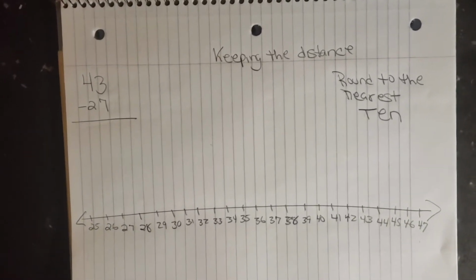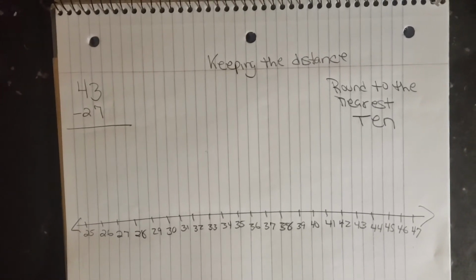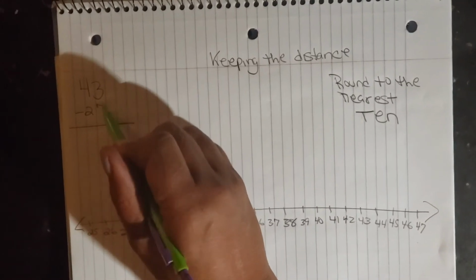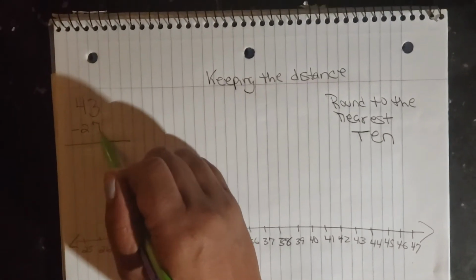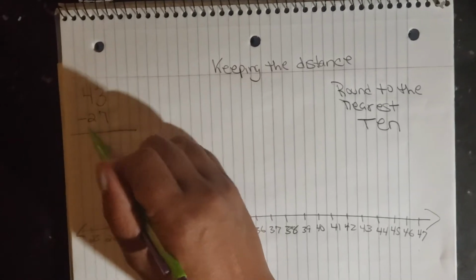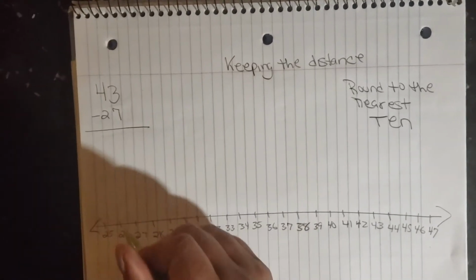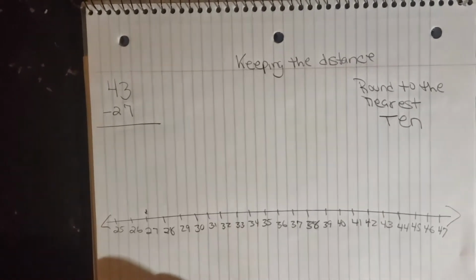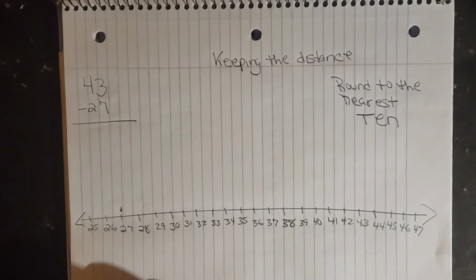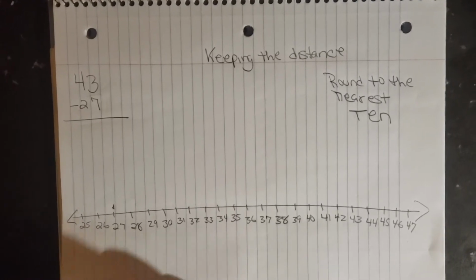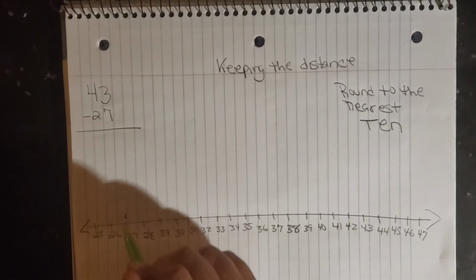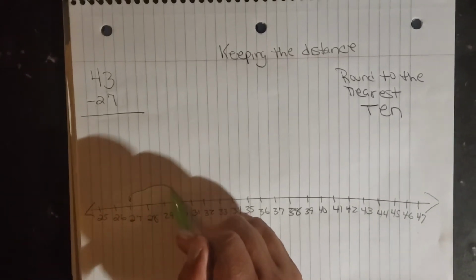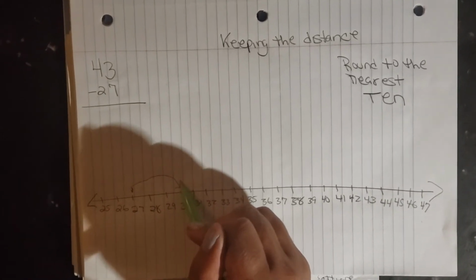So first, we're going to start at 27. We're going to take this numeral because it's smaller, and we know that we can't get 3 into 7. So we're going to start with this whole number 27. We would go to the number line and ask our student, what is the nearest 10? The nearest 10 on our number line would be 30.